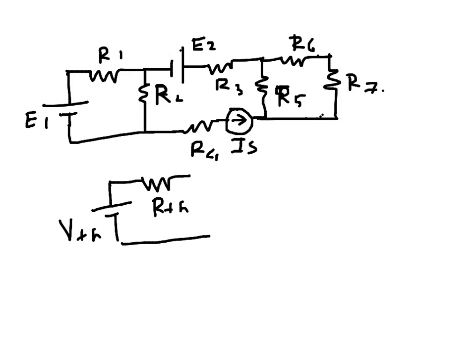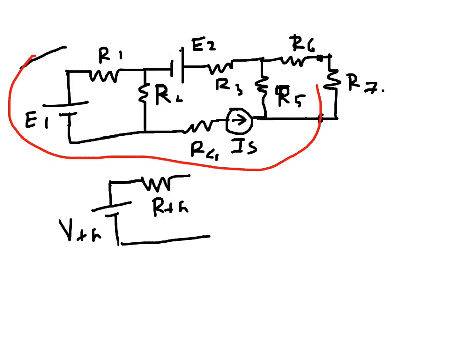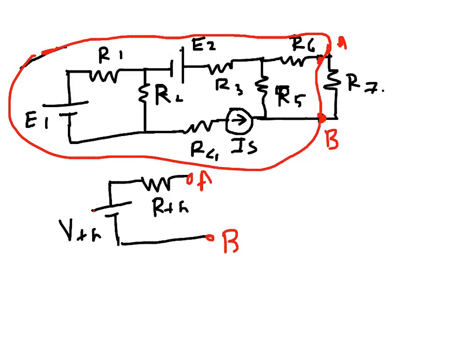So basically at any point, let's say at this point, we want to replace this whole network. Thevenin's theorem says that this entire thing can be replaced by one voltage source and one resistance. So if this point is A, this point is B, this is A and B. So it is possible. That's what Thevenin's theorem says.